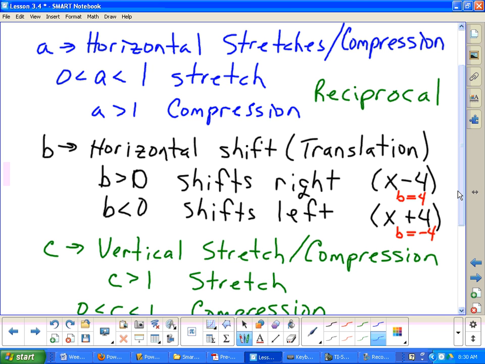B is a horizontal shift or translation. If B is greater than 0, it moves to the right because it'll say X minus B. And if B is less than 0, that means it'll say X plus B. So X minus 4, the value of B is 4. X plus 4, the value of B is negative 4.